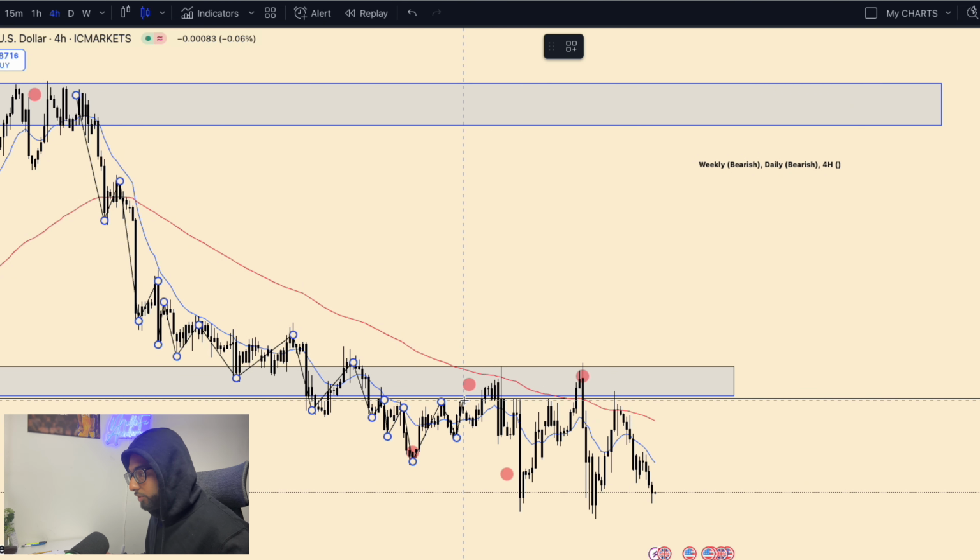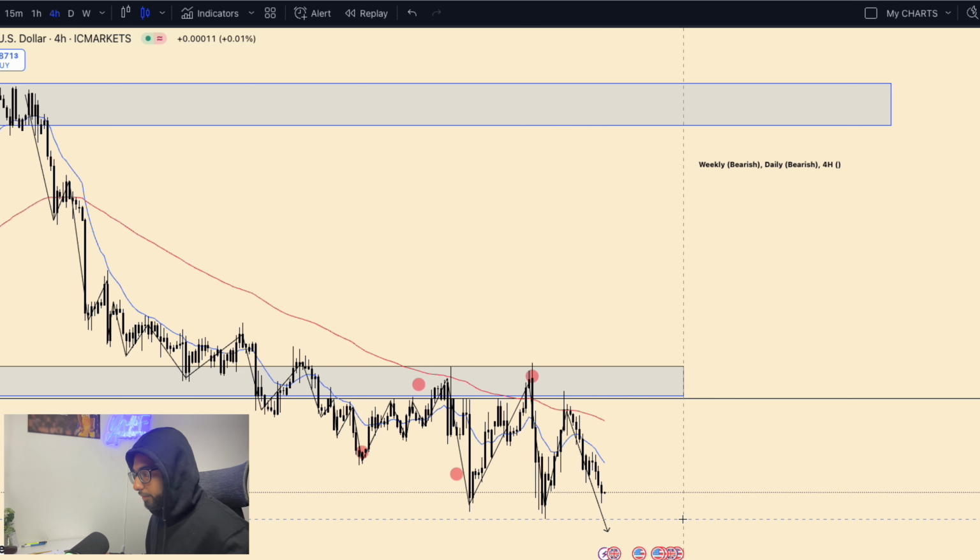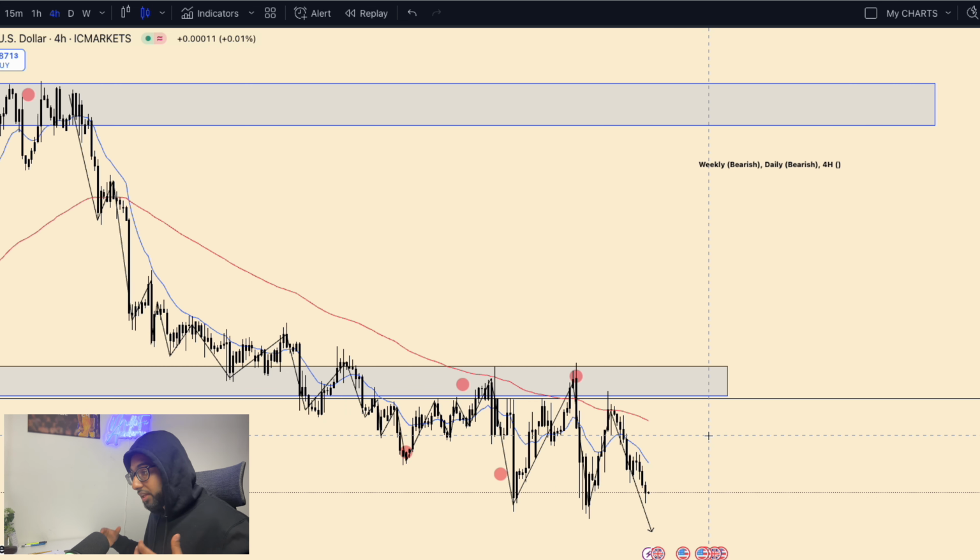Then we kind of have this retracement area to this moving average, and then created a new low, and then a lower high, low, lower high, and obviously possibly even going to break this area, okay? So on this bias, again, we're going to say that this is bearish.